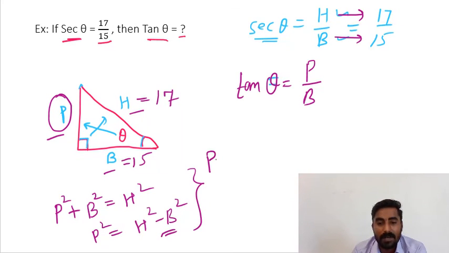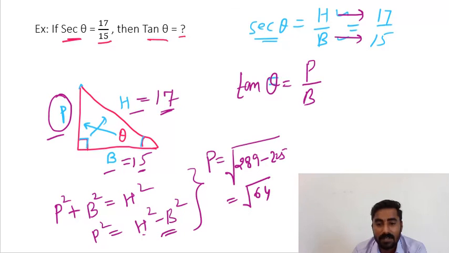So perpendicular equals the square root of square of hypotenuse, that is square of 17, which is 289, minus square of 15, that is 225. If you subtract, you get 64, and the square root of 64 equals 8.